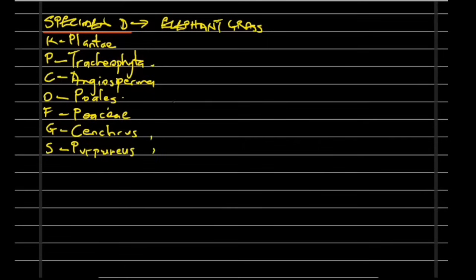And if you are calling it this one, Pennisetum purpureum. So whichever one you want to name it. For example, if you want to call it this one here, it is going to be called Cenchrus purpureus.